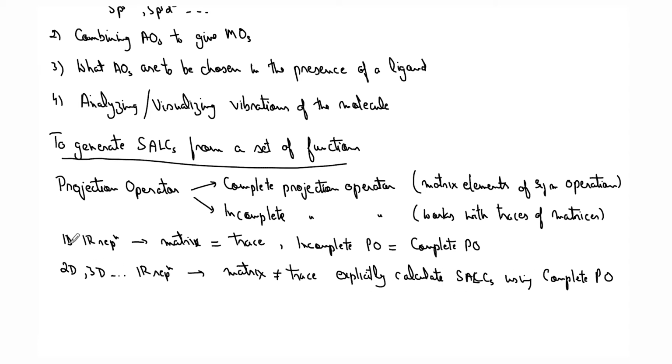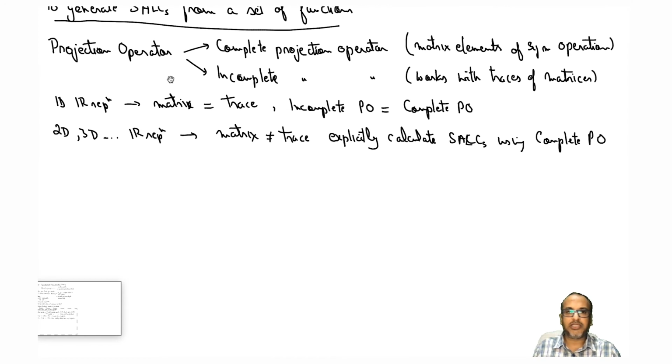We'll discuss the case with 1D irreducible representations and 2D and 3D irreducible representations separately. Let us first see what we mean by projection operation, and let us derive an expression for the same.